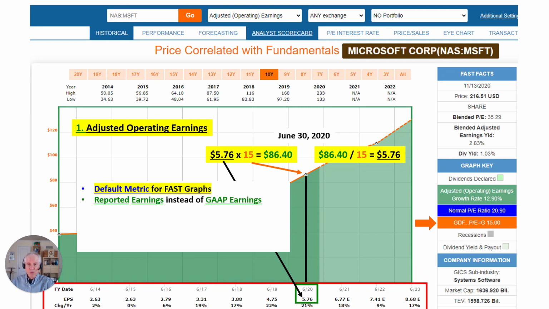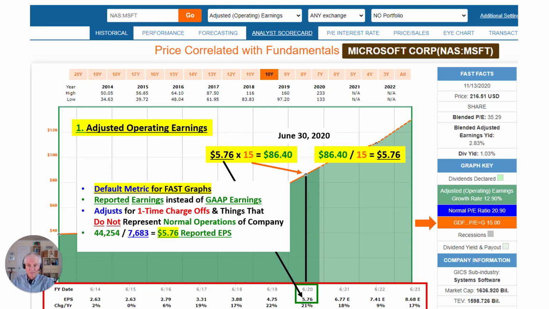We're looking at reported earnings instead of GAAP earnings. And we do those adjustments for one-time charge-offs, just like Warren Buffett, and things that do not represent normal operation of the business. We take those off. So I came up with 44,254,000,000 divided by the number of diluted shares outstanding.